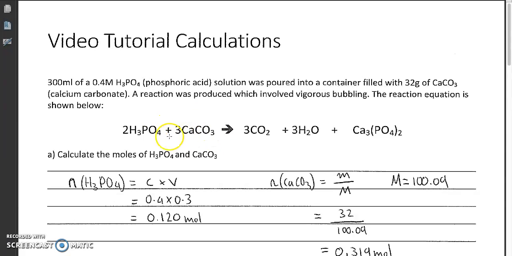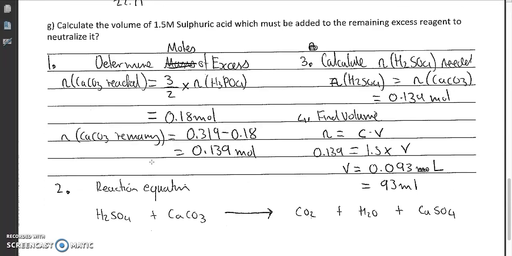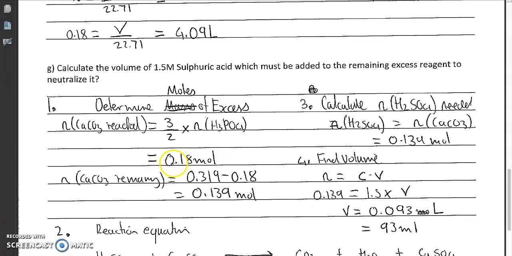You would go 3/2 times the moles of the limiting reagent, phosphoric acid, which once again gives us the same moles of 0.18 moles of calcium carbonate, which has actually reacted.